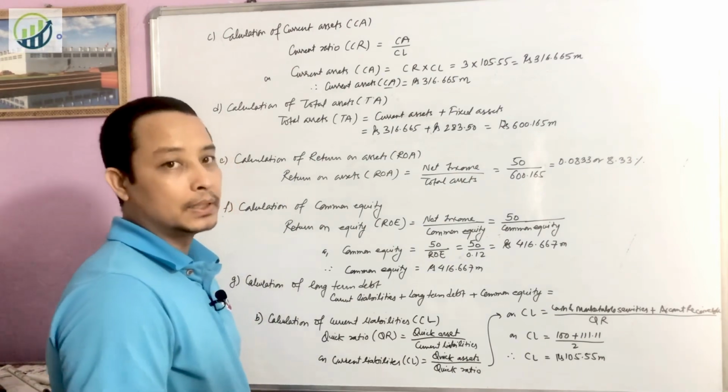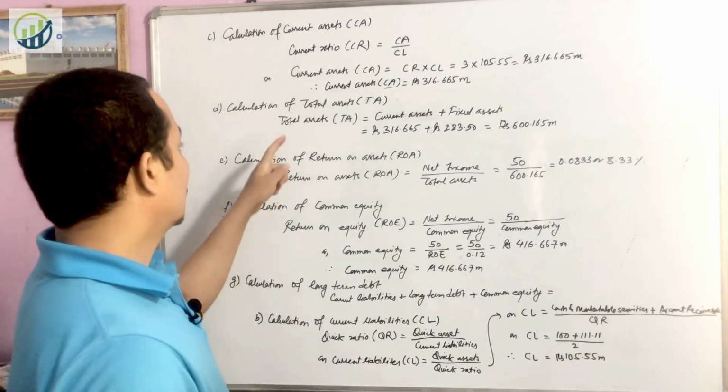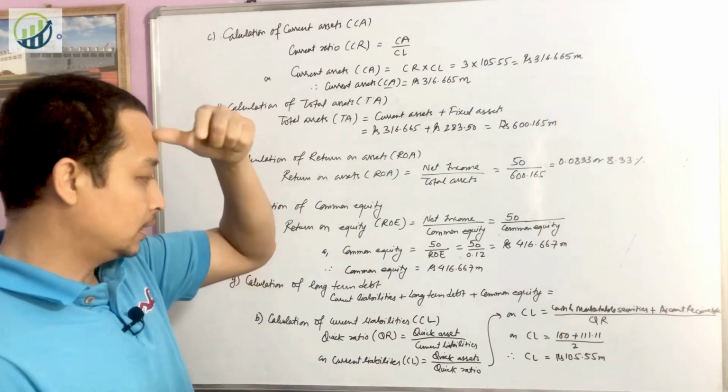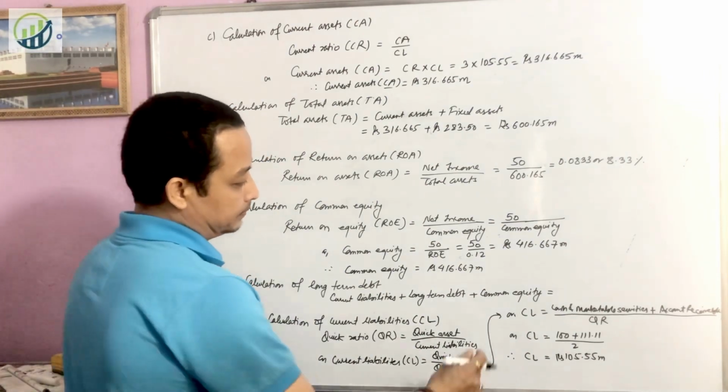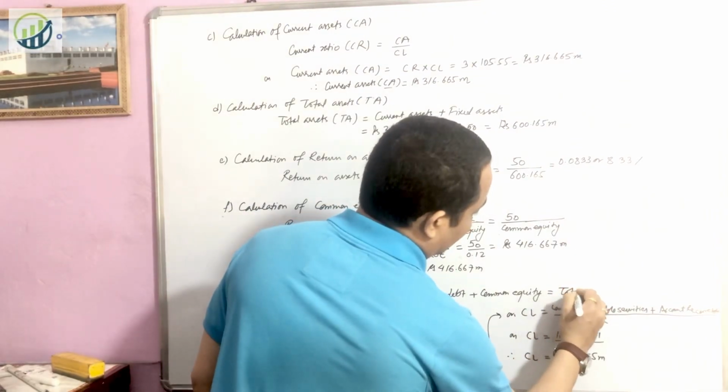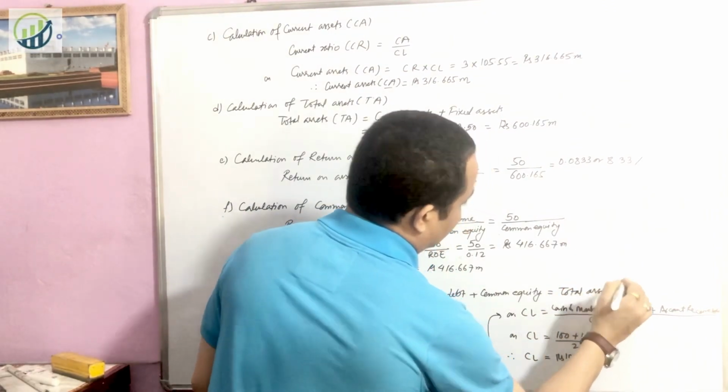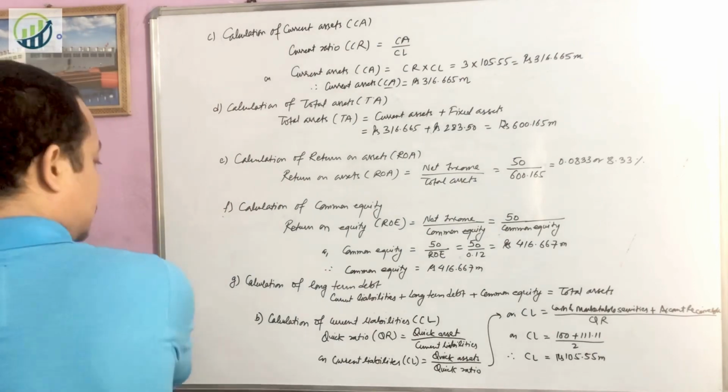But here total liability and equity is also equal to total asset. So in place of total liability and equity, you can write total assets.